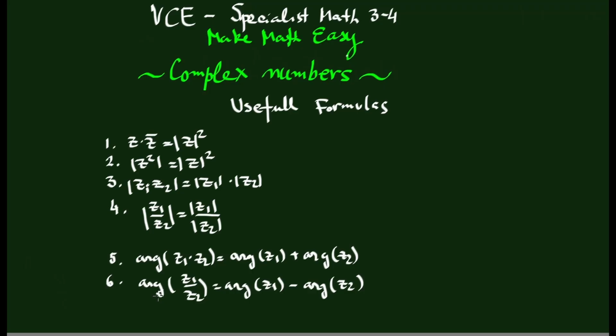And the last ones, in relation to the conjugate: the conjugate of z1 plus z2 is the same as z1 conjugate plus z2 conjugate.